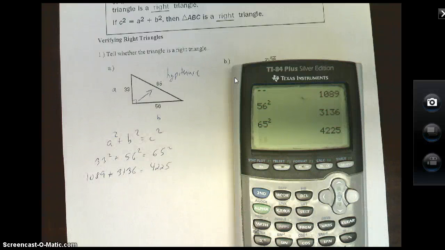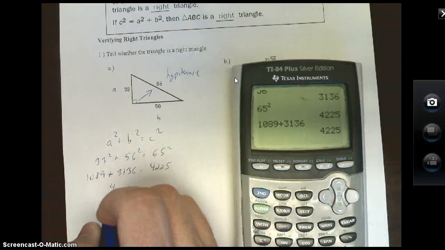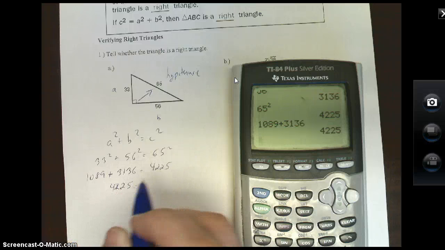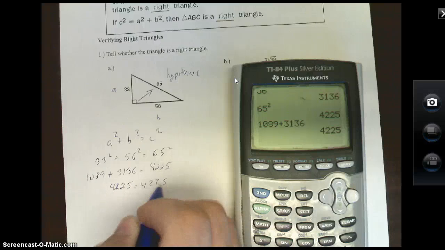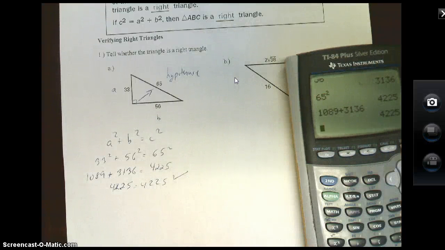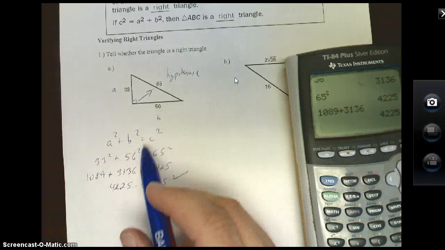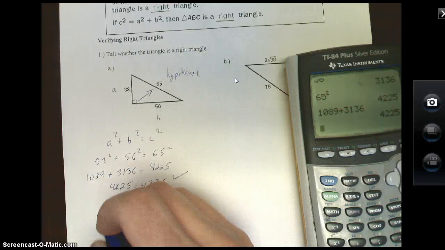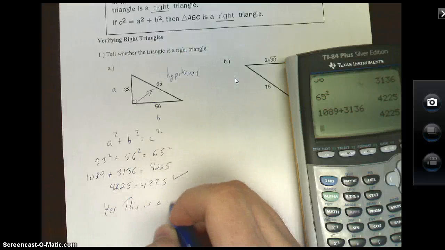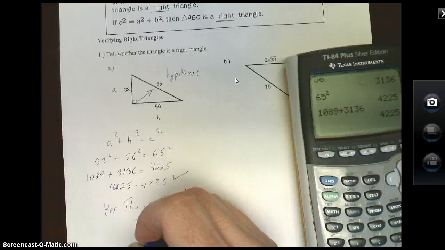All right, so I'm adding together 1,089 plus 3,136. And in order for this to be a right triangle, these have to equal each other. Which, if we take a look, do the math, we can see it does. So we've just done a little bit of work here. We can say yes, this is a right triangle.